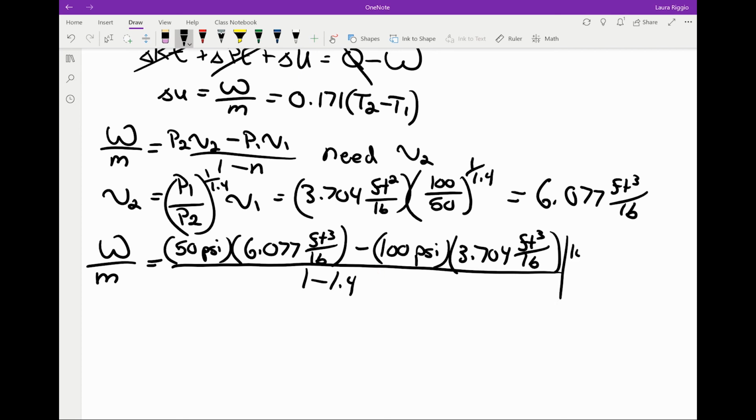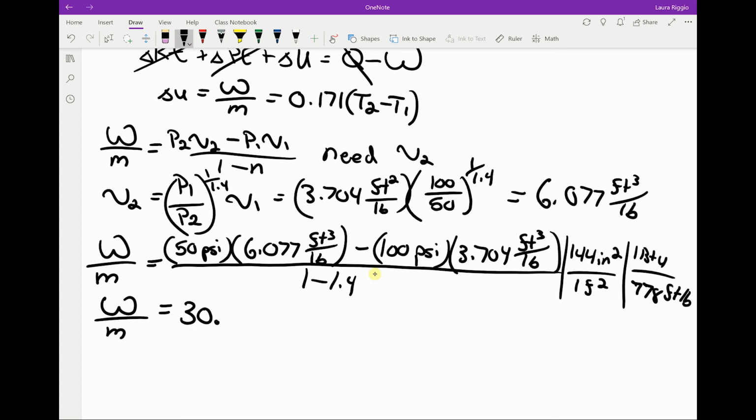To fix the units, there's 144 inches squared per foot squared, and 1 BTU is 778 foot-pounds. So our work per unit mass is equal to 30.794 BTUs per pound.